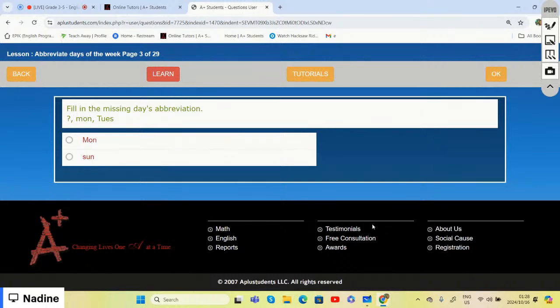The next one says blank, Monday, Tuesday. Do we say option one, Monday, Monday, Tuesday, or option two, Sunday, Monday, Tuesday? Which one is correct? Option one or option two?